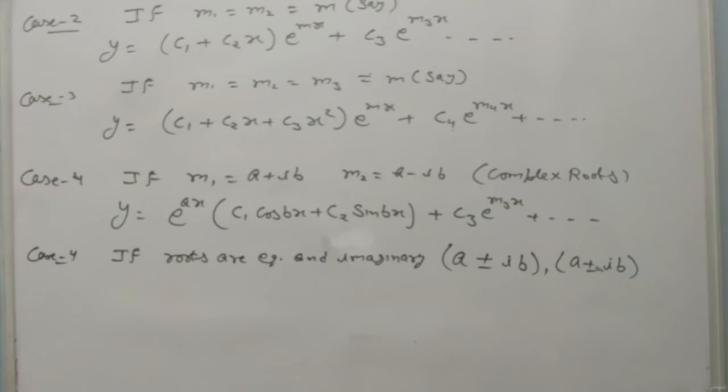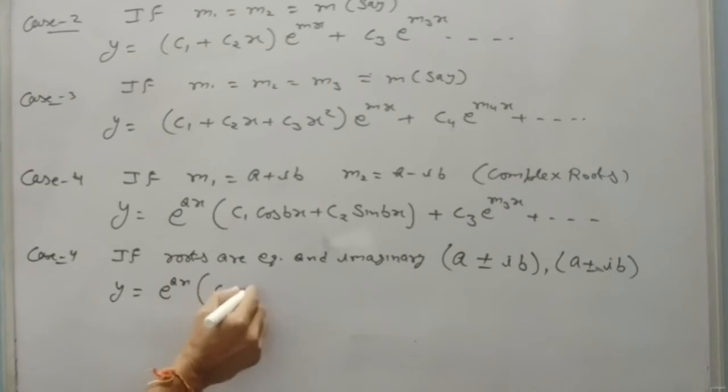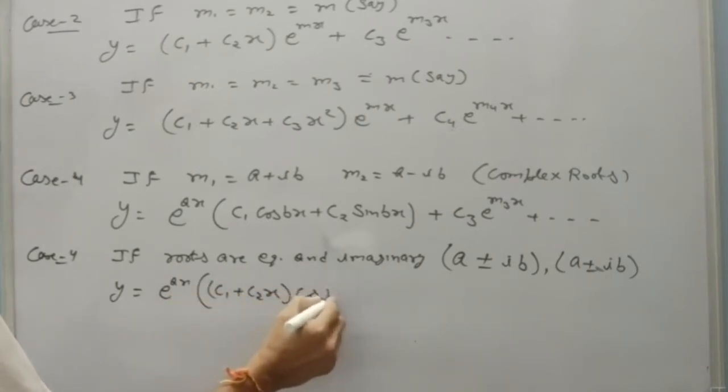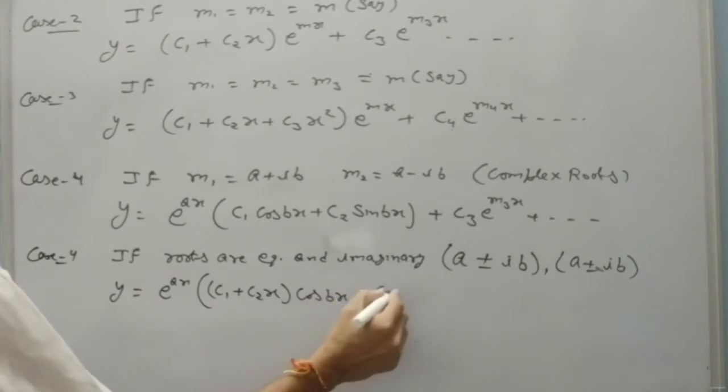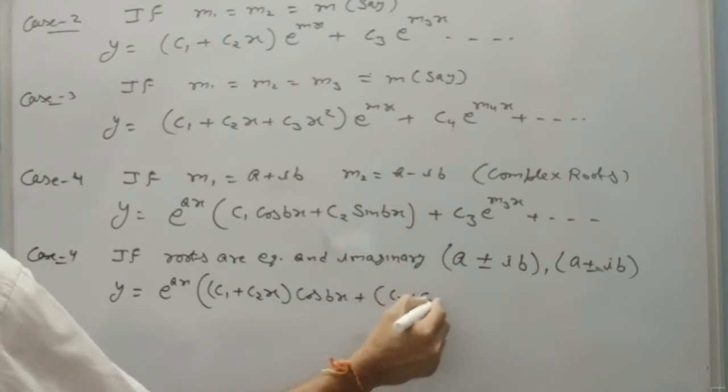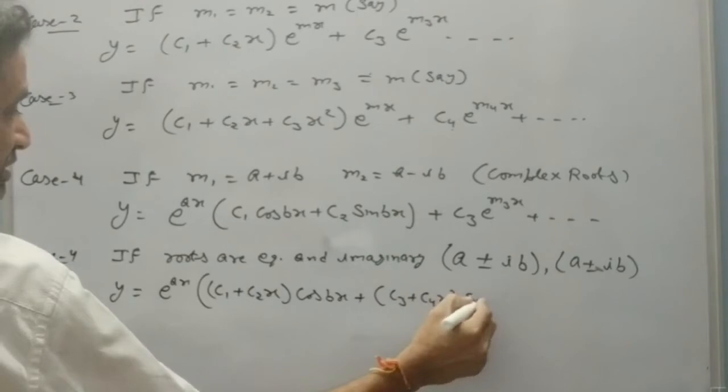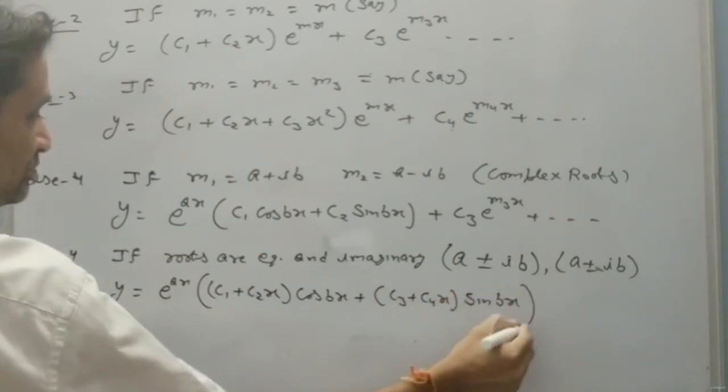We have to combine the two rules, case number 4 and case number 2. We combine both the methods. Then I get y = e^(ax) [(c1 + c2 x) cos bx + (c3 + c4 x) sin bx].